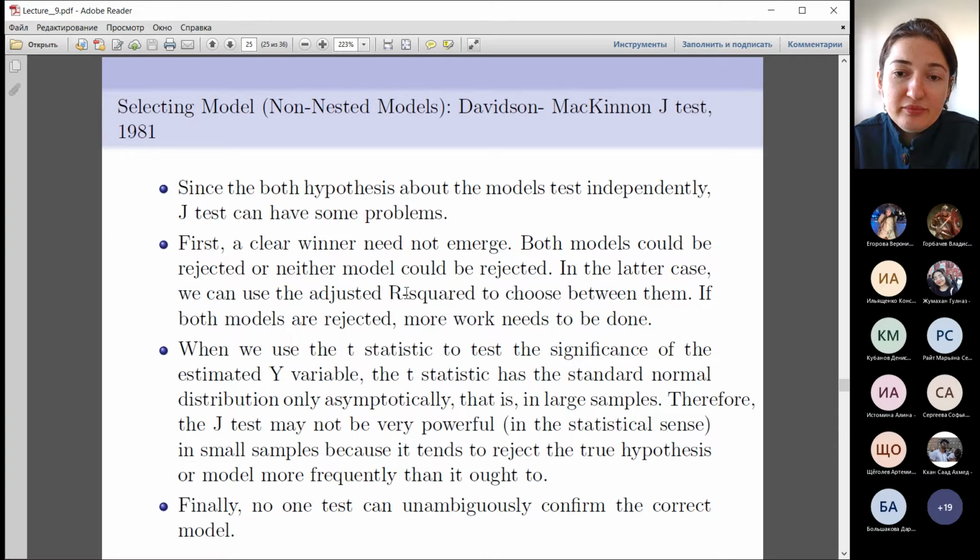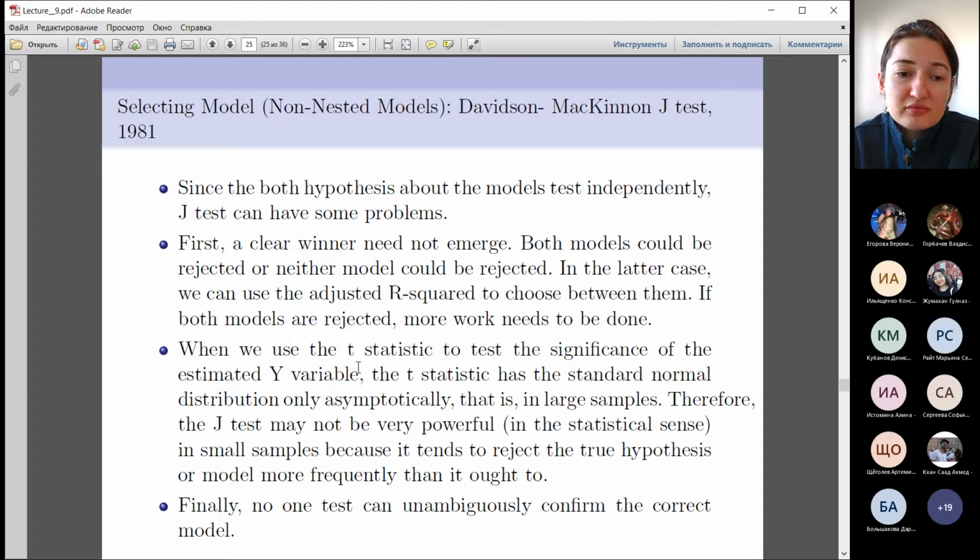But anyway, if you reject both models simultaneously, it means that you need more work to find maybe some other model that will better describe your relationship. But anyway, please remember that no one test can say which model is better. Yeah, it's just a signal.